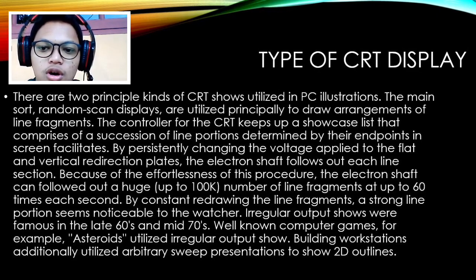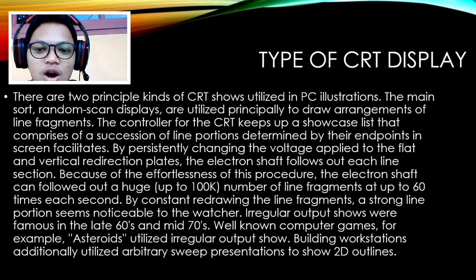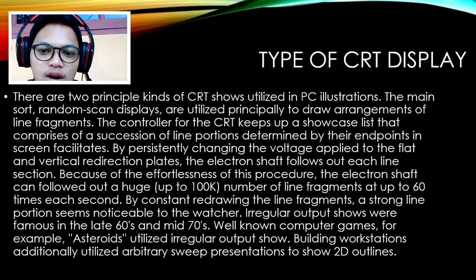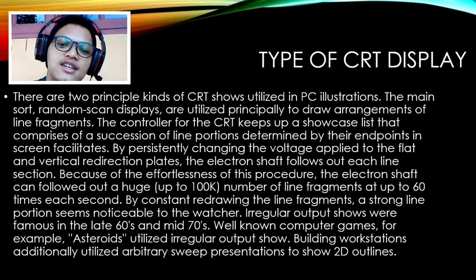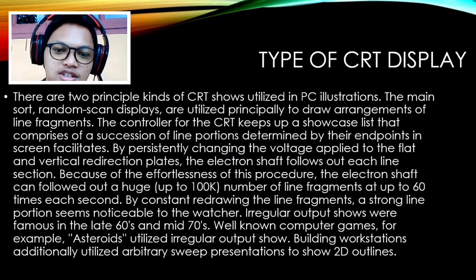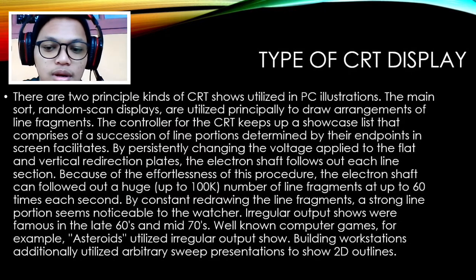The controller of the CRT keeps a display list that consists of a sequence of line segments determined by the endpoints in screen coordinates, while it changes the voltage applied to the horizontal and vertical deflection plates. The electron beam traces out each line segment.